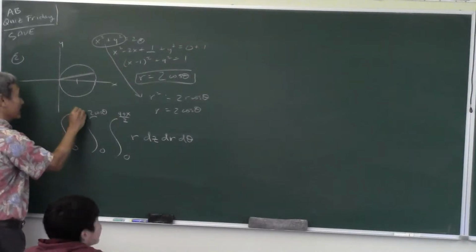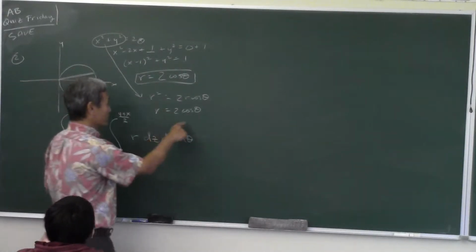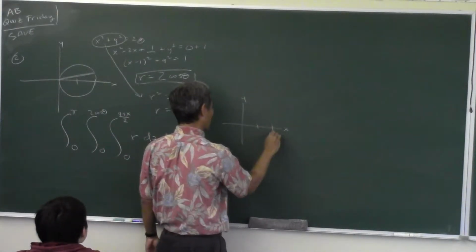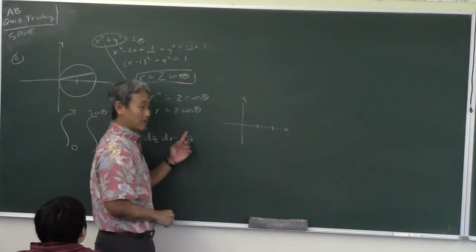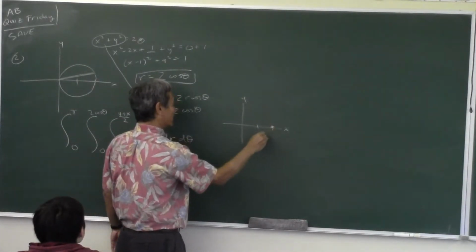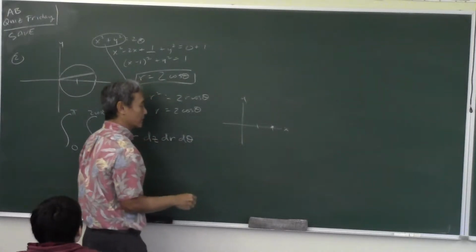Very good, it's pi. How come? We went over this in PreCalc and in BC calculus when we're computing areas of polar curves. When you graph the circle r equals 2 cosine theta, what happens when you plug in 0? You get 2. Now plug in pi over 2. You get 0.